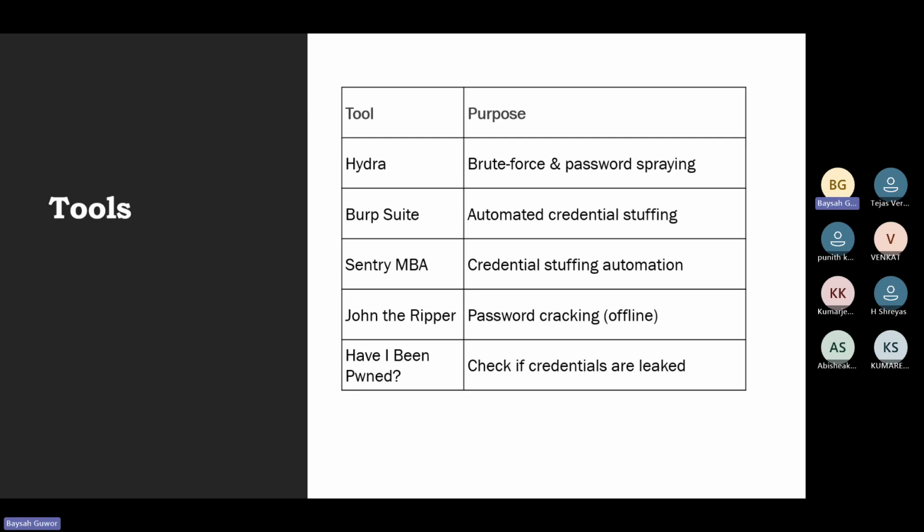Brute force also we can use. And I think in one of the sessions we had on MFA, we also used a brute force attack to obtain the code. So yeah, we can do brute force using Burp Suite as well.